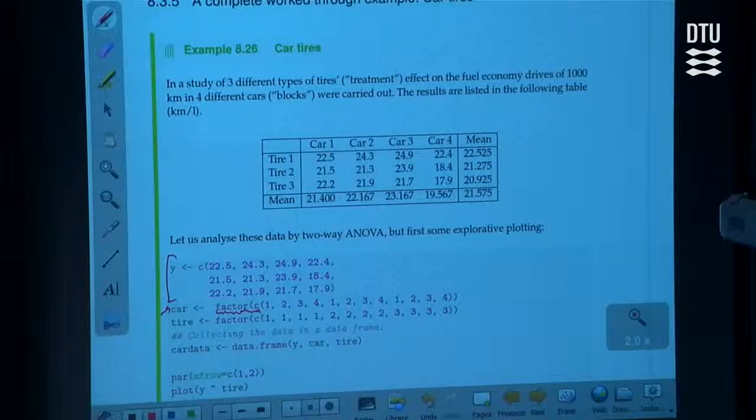Because the numbers 22.5, 24.3 are car 1, 2, 3, 4 for the same tire. So I'm making a coding. The car vector is the coding of what those observations really are. I'm telling R that the first 4 numbers come from car 1, 2, 3, 4, and then again 1, 2, 3, 4, and then again 1, 2, 3, 4. So I'm telling R what their position in the table is by these 2 vectors.